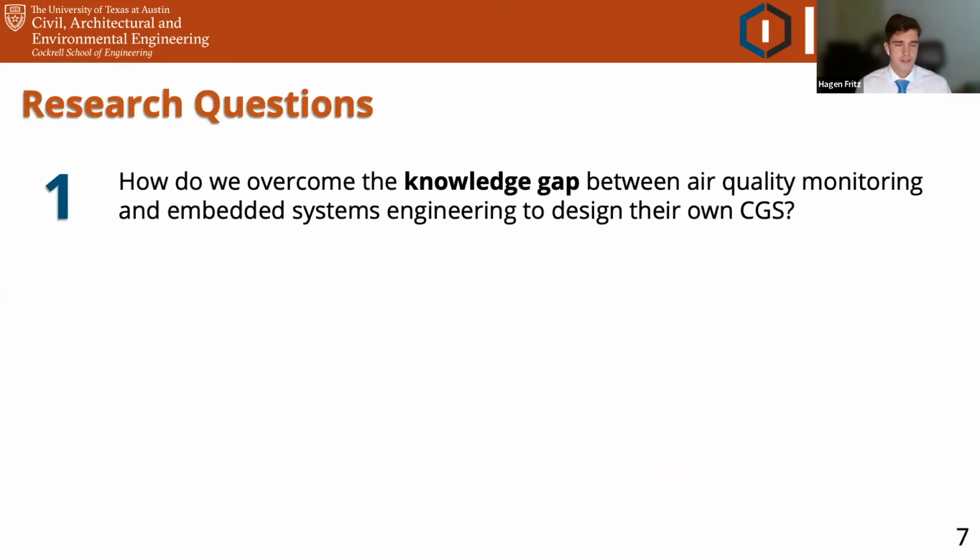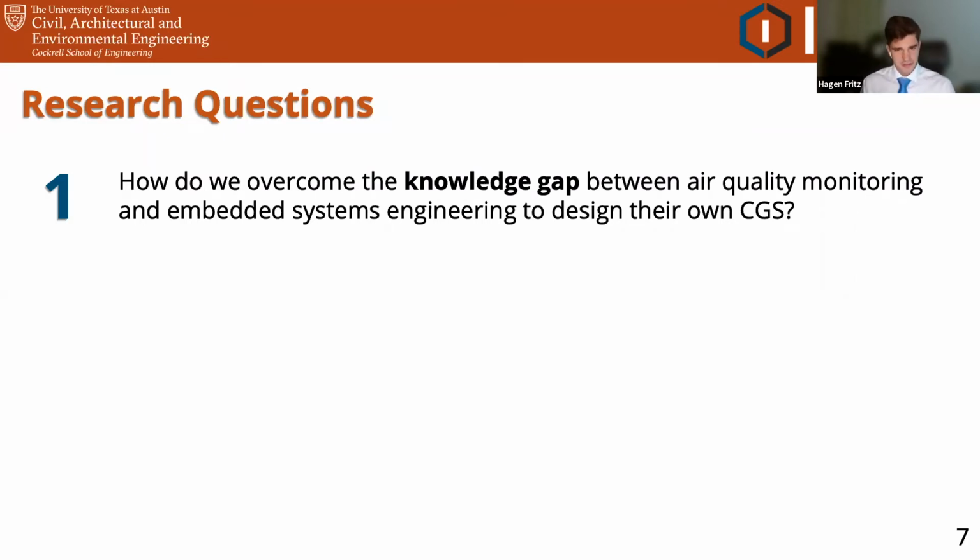This first question is addressing the knowledge gap that exists between two groups. You have the indoor air quality scientists who know a lot about air quality. If I say, here's the pollutant, here's the measurement, they can say that's good, that's bad. They understand ventilation, they understand what the concentrations within those spaces should be. And then you have embedded systems engineers, like electrical engineers and computer scientists, who can make these really nice devices that are very reliable, build out their own device and deploy them.